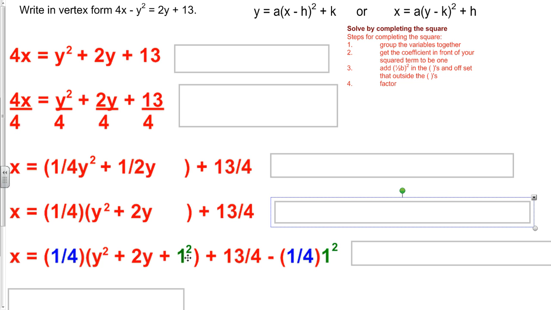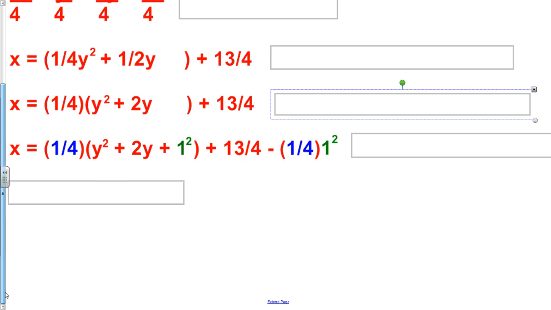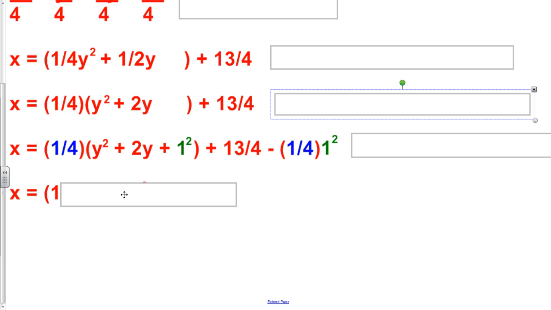So we have the 1 squared, which is 1, that we added in the parentheses here. Since it was multiplied by that 1/4 out front, we subtracted it here, and now we've done no net change to the equation. Continue to go down, and we can finally solve it by taking the area in the parentheses here and solving it down to y plus 1 squared.